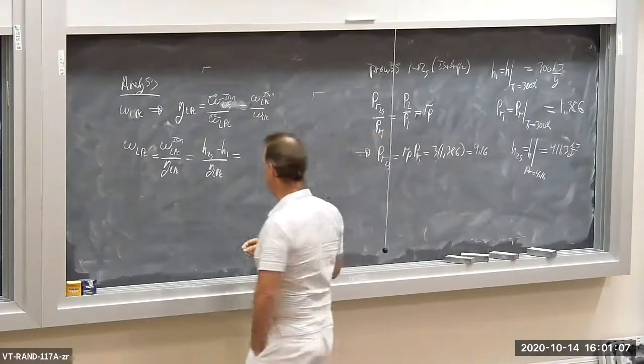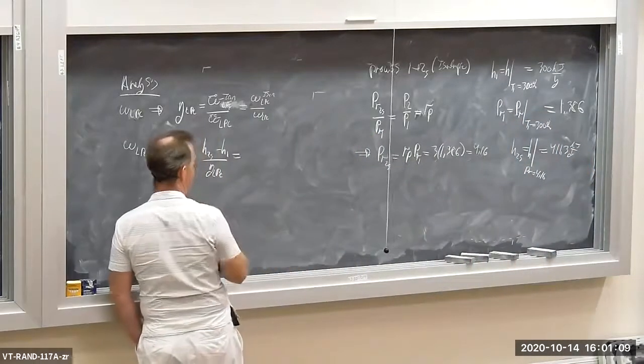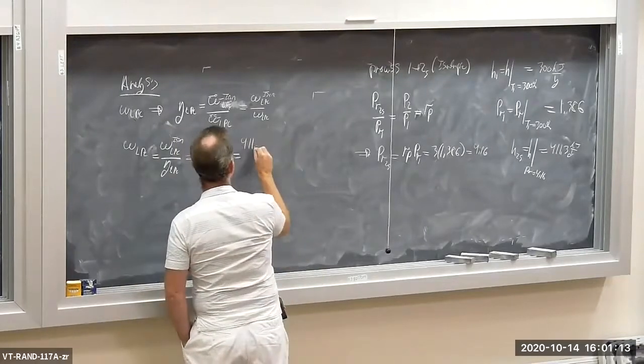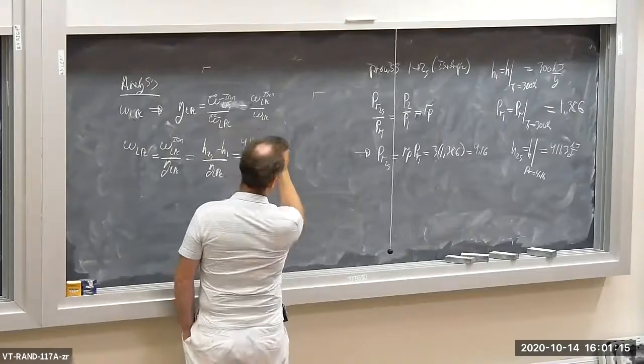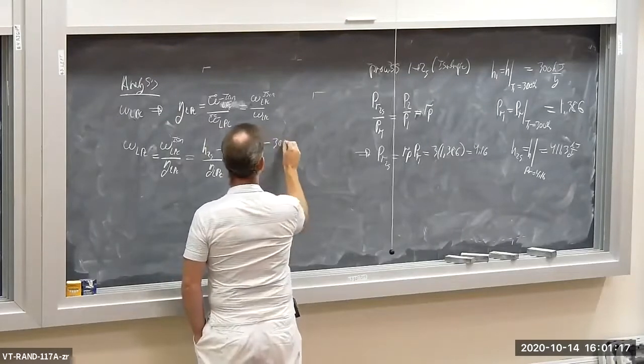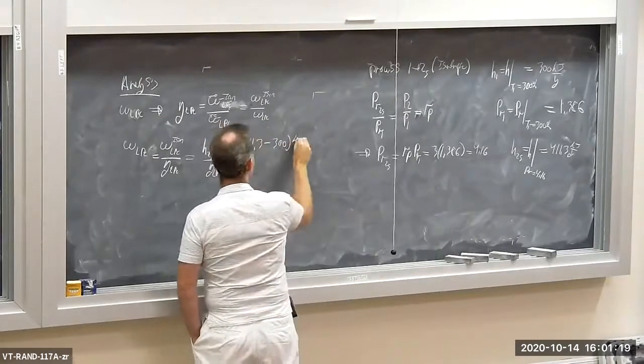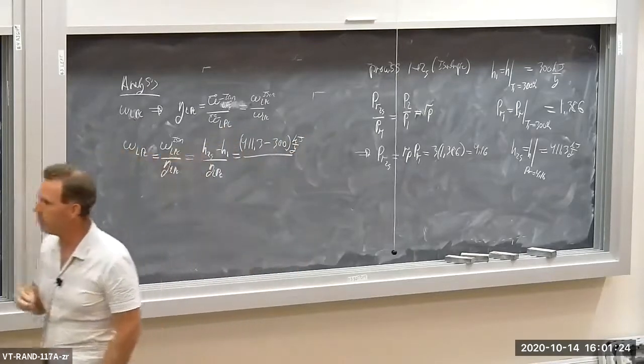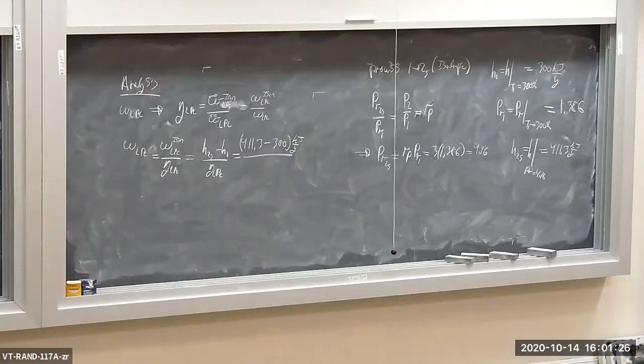Okay, so I have H1, I have H2 sub S, and I have the isentropic efficiency for the compressor. So I get 411.3 minus 300 kilojoules per kilogram divided by the isentropic efficiency for the low pressure compressor.